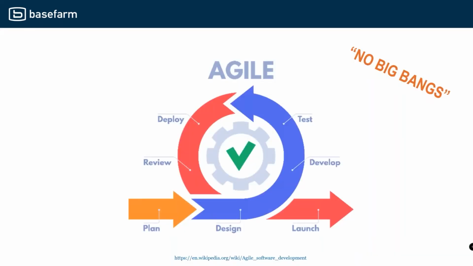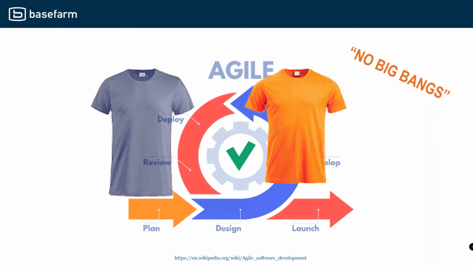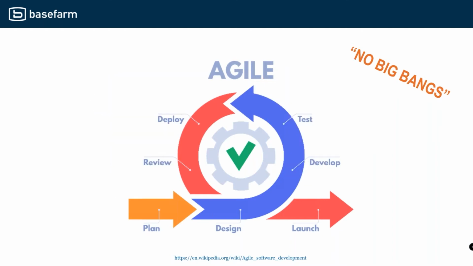The next core thing that you need to have in place when you're working on how to have this orange or blue t-shirt discussion is that you need to be working in an agile manner. And I know, yes, agile is a word that is overhyped, overused, over everything, but it does have its point.